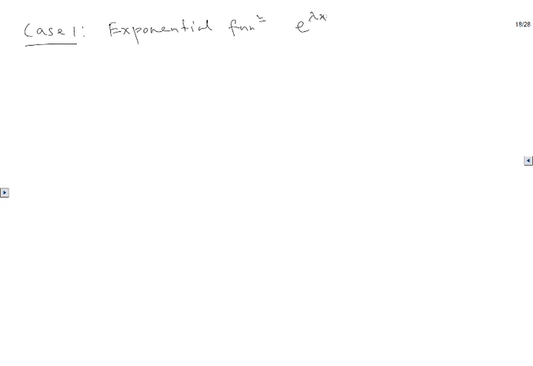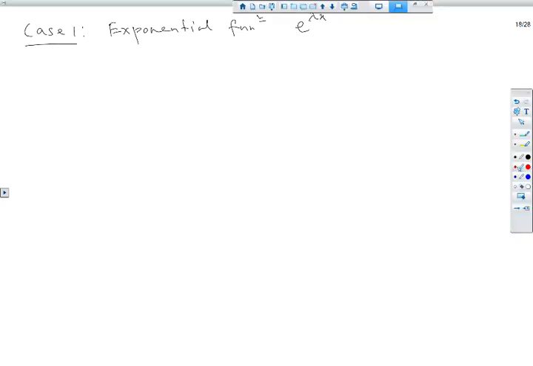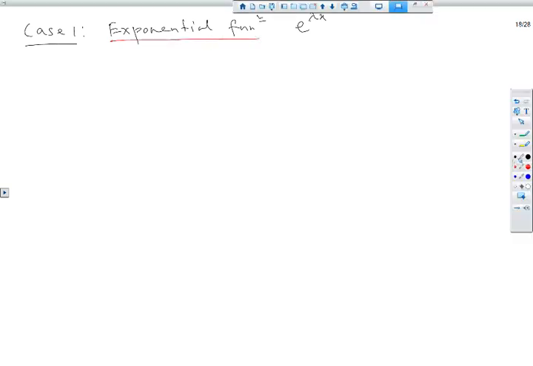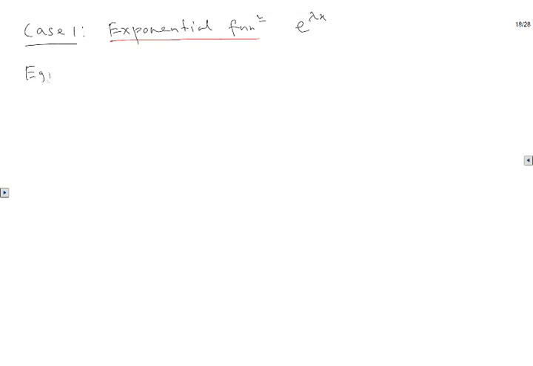So let's start with the problem. Let's say, find a particular solution to y double prime minus 4y prime minus 12y equals 3 e to the 5t.